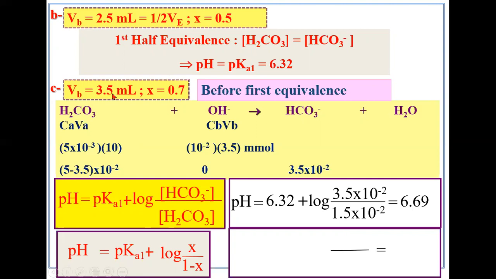It's simply Vb divided by V at equivalence. Get the x value. If you have it, even better. Substitute the x value in. What do you get? Yes, you get 0.7 on the log, and on the bottom, 1 minus 0.7 is 0.3. And when you put it in, guess what? You get the same pH. And I didn't have to do all of this.